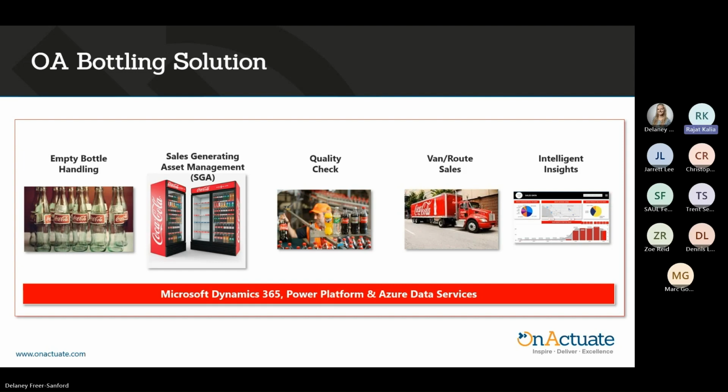Furthermore, by tapping into the power of Azure services, you can unlock the full potential of your data, even if it is your legacy system data. So this was just a brief introduction of our OA bottling solution. Let me take you through some of the key features of our solution.